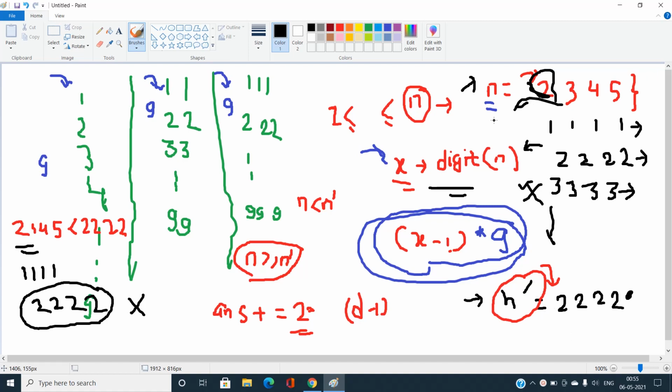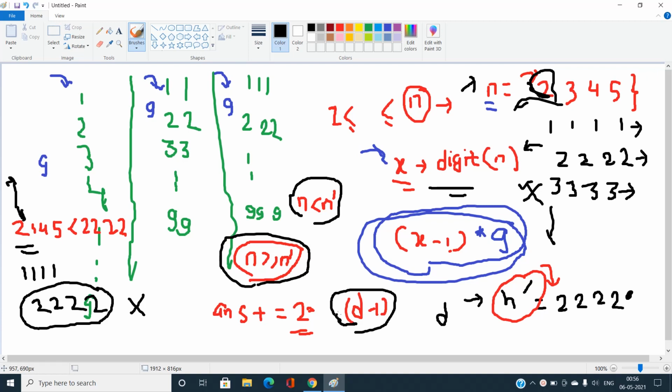If my actual number is less than n dash, I will include d minus 1 in my answer. Otherwise, I will include only d. That is, if my n is greater than or equal to this n dash, I will include only d. Otherwise, increment my value by d minus 1.